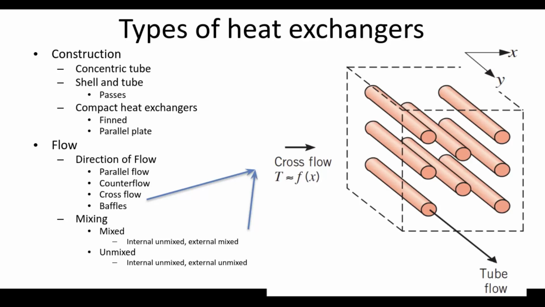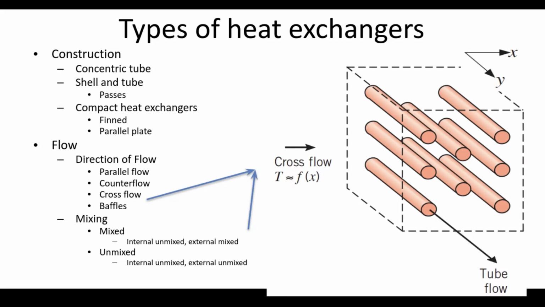Another thing, and you need to know this because the formulas are different, is what type of mixing you have in the fluid. So, this is a bank of tubes, and the fluid comes across these tubes, and as it goes across the tubes, for example, if we have cold air going through a bank of hot tubes, the air is heating up as it goes through, right?